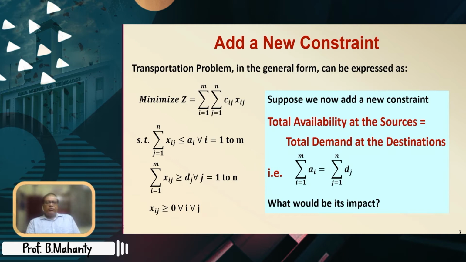Suppose this is assumed. Then just imagine that if sigma ai and sigma dj are the same, is it possible that all the xij's are less than ai but greater than dj, and sigma ai equal to sigma dj? Is it possible? Is it practical? It is not possible.